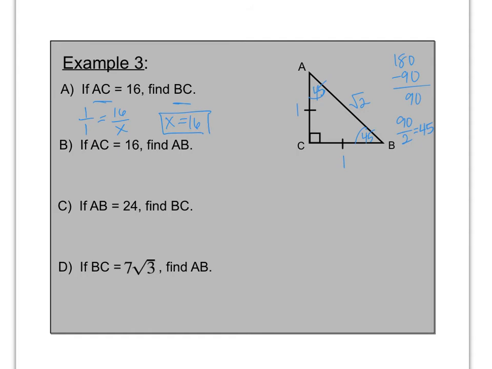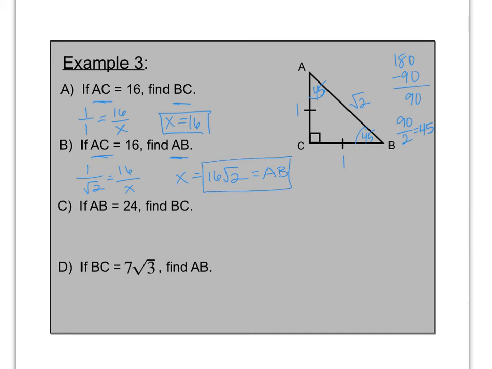Next one, we're working with AC and AB. This time our ratio is 1 to root 2. AC is 16, we want to find AB, we'll call that x. Cross multiply, you should get x equals 16 root 2, which means AB is 16 root 2.